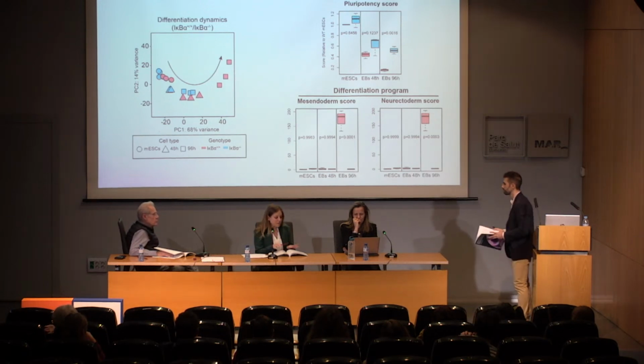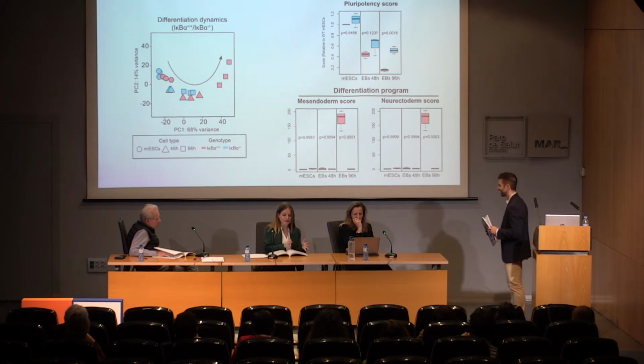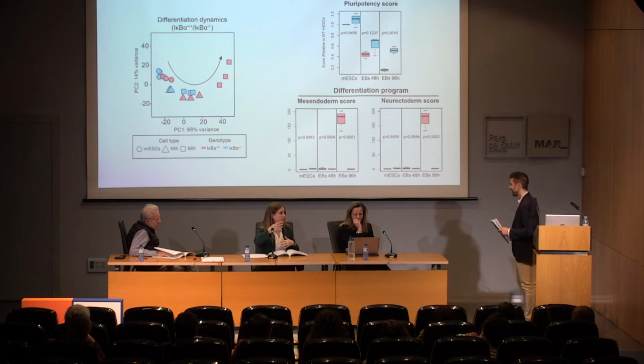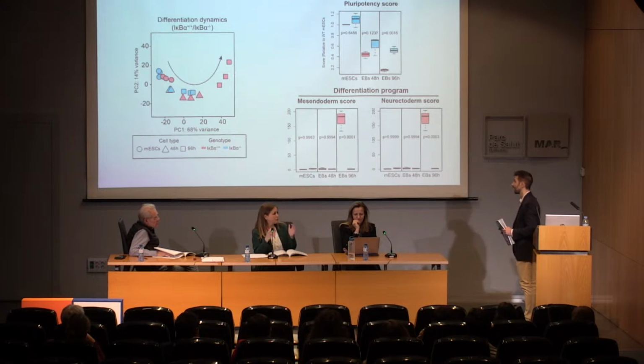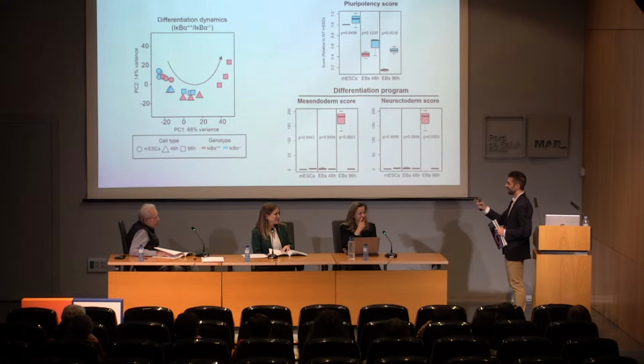Okay. No, just to avoid confusion, because at the beginning, reading this figure, I said, oh, maybe there's an increased neuroectoderm because you have less endoderm and mesoderm. There's a shift, no? But there's no shift. It's just that they're stuck in pluripotency, which is different than a switch. Actually, because this was one of the first experiments when we were doing the knockouts, when I saw this I thought the same, that they were polarized.